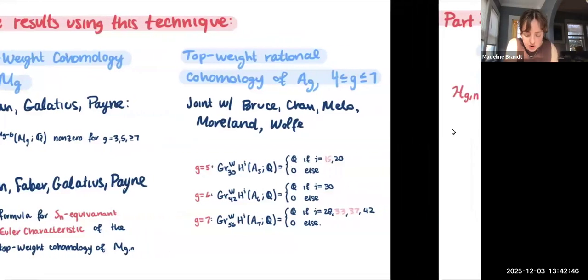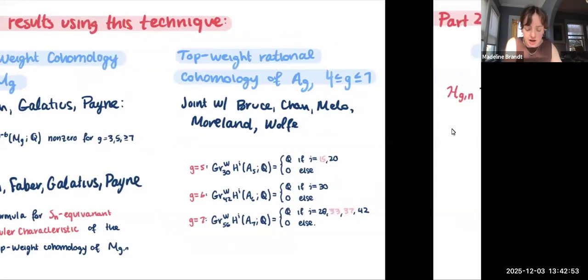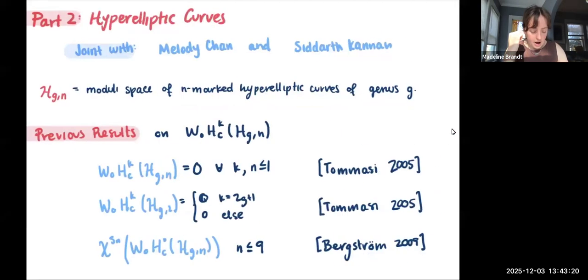Okay, so I'll continue on. That was the overview of what the technique is and what people are doing with it. And so the next thing that I was going to talk about was a case where, with Melody Chan and Siddarth Kannan, we tried to compute something about the moduli space of hyperelliptic curves. So I'm going to let H_{g,n} denote the moduli space of n-marked hyperelliptic curves of genus g, which I'll define on the next slide.